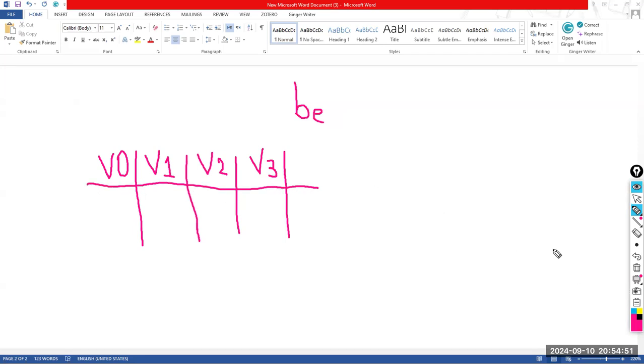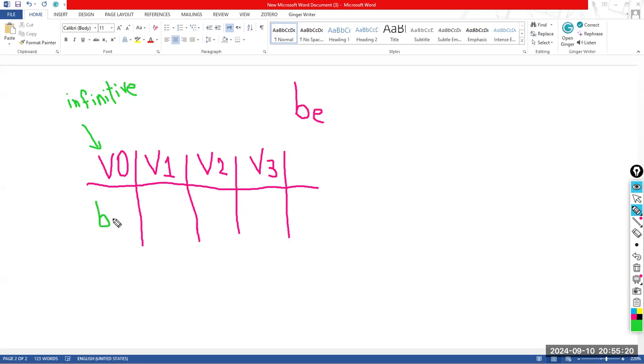Okay, and let's try to apply the verb to be here. Keep in mind that verb 0 is the infinitive, the base form of the main verb, or of the verb to be. So the base form or the infinitive of be is be.